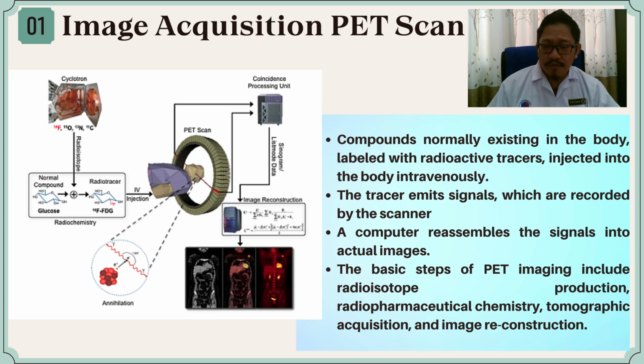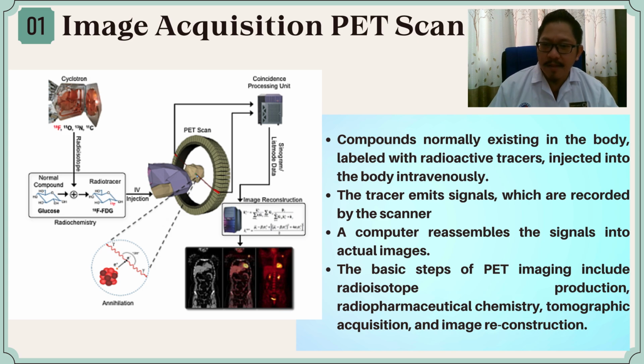Positron emission tomography, or PET scan, is a nuclear medicine technique using a camera that captures images of how the human body functions. Compounds that normally exist in the body, for example simple sugars, are labeled with radioactive tracers and injected into the body intravenously.